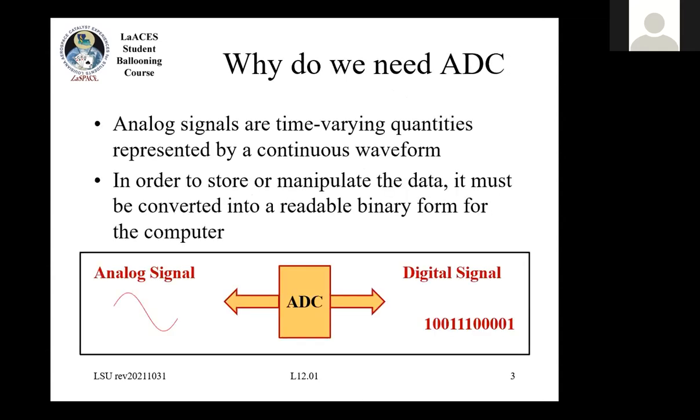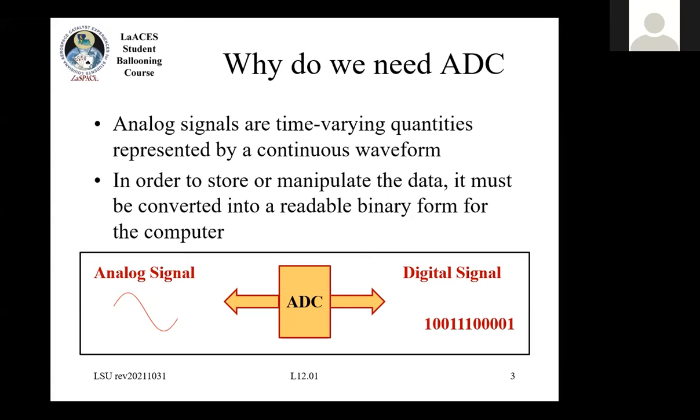So, right, most of our actual real world signal outputs are going to be time varying, continuous analog waves, right? They're going to be taking some random voltage that changes with time.